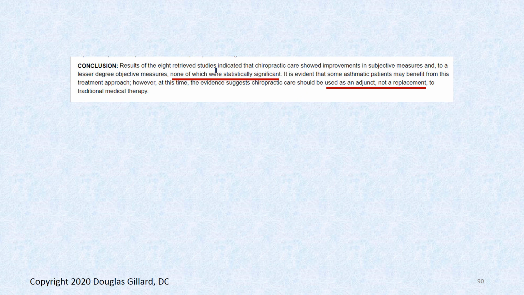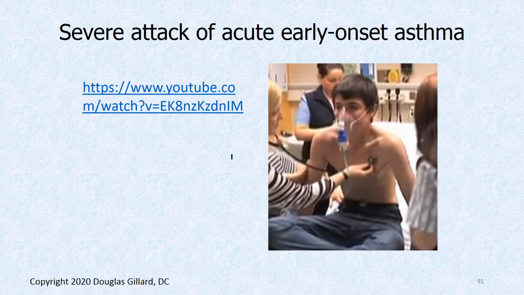The chiropractic didn't work. You can't substitute chiropractic care for albuterol, or for steroids in those more severely affected. You'll ruin the patient's lungs, so don't think you can do that.